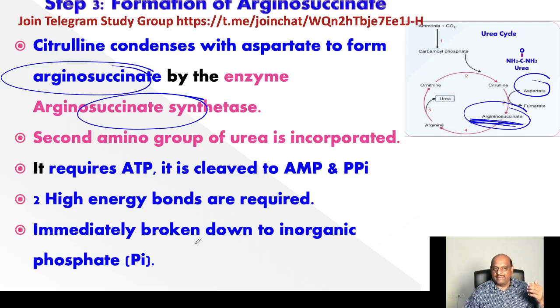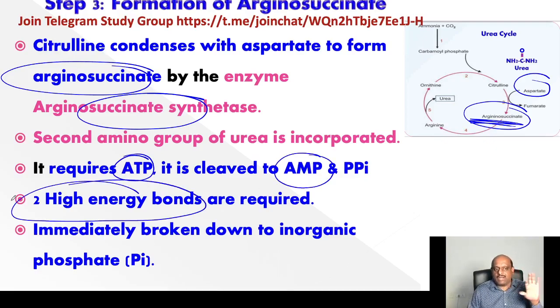And this is how the second amino group of the urea got incorporated. But this requires ATP, and it is cleaved to AMP. So 2 high energy bonds are required in this step. That's what you need to remember.